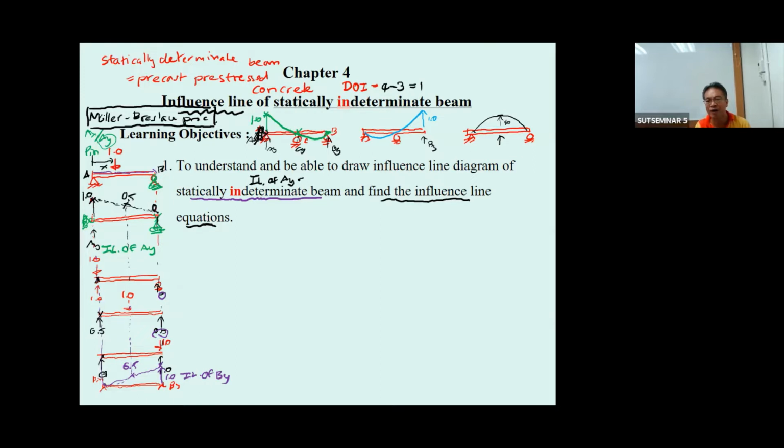Influence line of A sub y will be determined from the deflection at point X when the force is applied at A, divided by the deflection at point A due to the force at A. Okay, and then you can also find the influence line of B sub y.